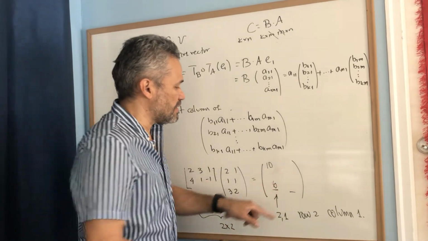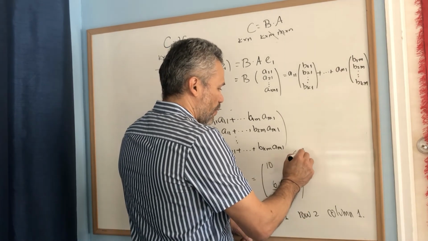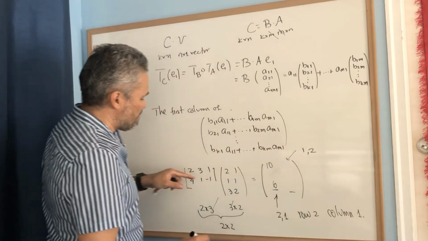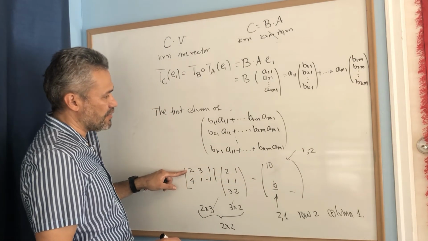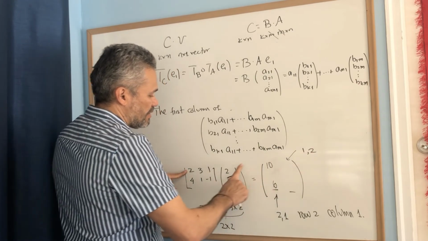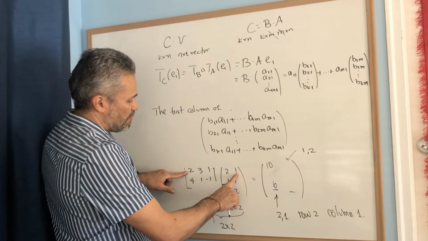What comes in here? This is the entry 1, 2. Then I place my left hand in the first row of the first matrix and my right hand at the beginning of the second column of the second matrix, and I start multiplying and adding.